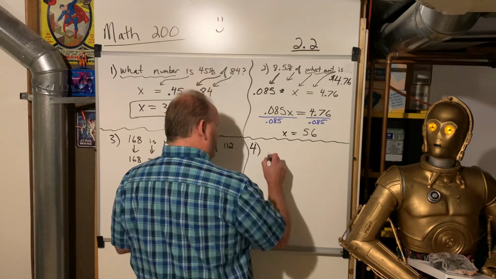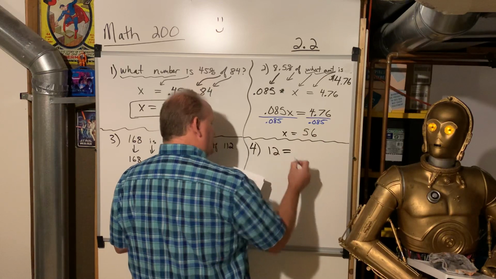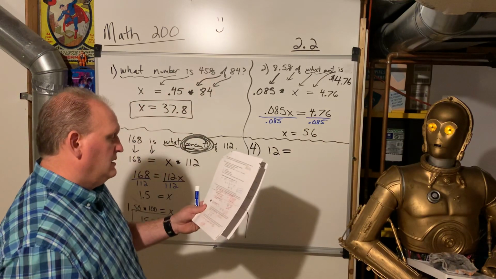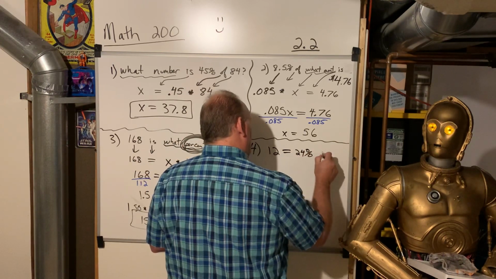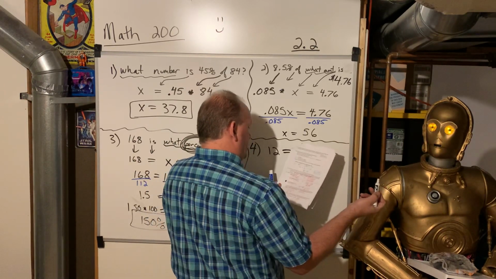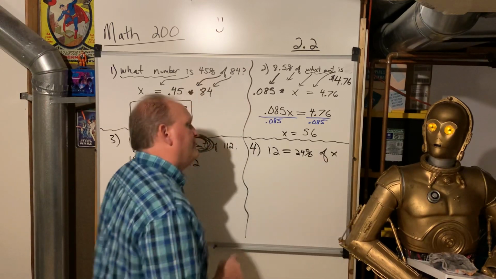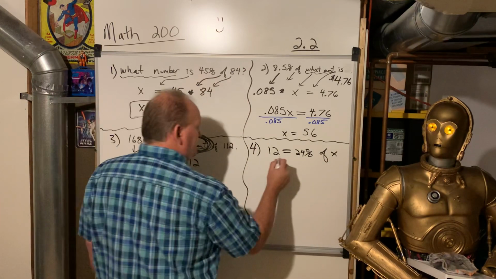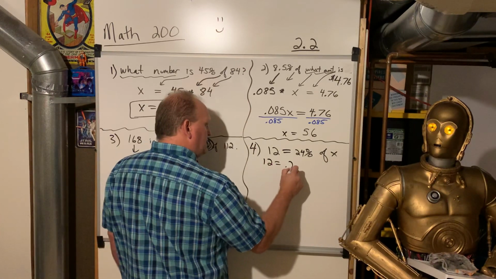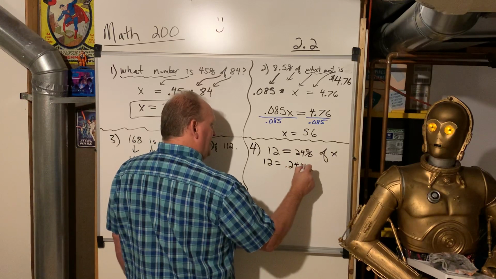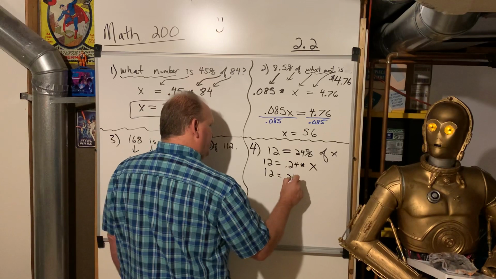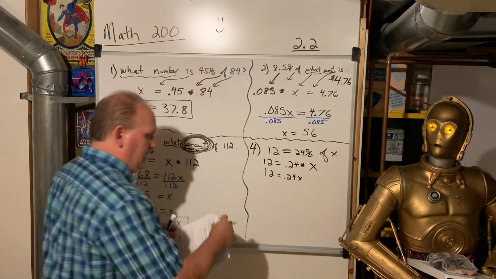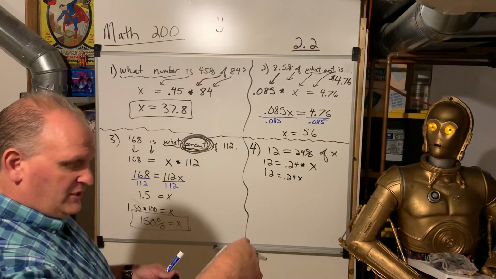So 12 means equals 24% of the recommended daily allowance. Let's call that x. So let's convert this. 12 equals 0.24 times x, or 12 is equal to 0.24x, and then solve by dividing both sides by 0.24.